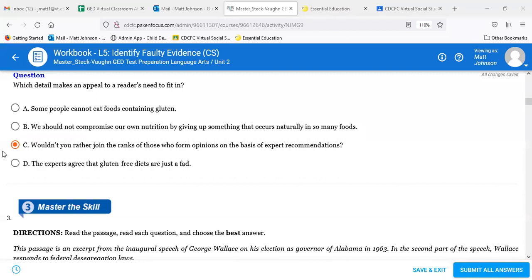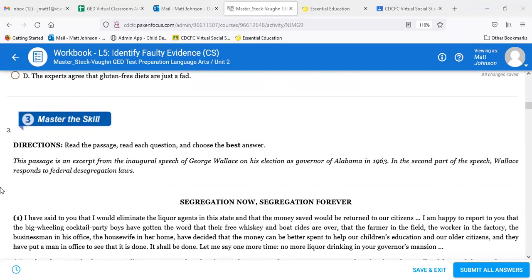Oh boy. And now we have George Wallace. This might anger some of you. It certainly makes my skin crawl thinking that this guy ever held a state office. He was governor of Alabama. So this passage is an excerpt from the inaugural speech of George Wallace on his election as governor of Alabama in 1963.